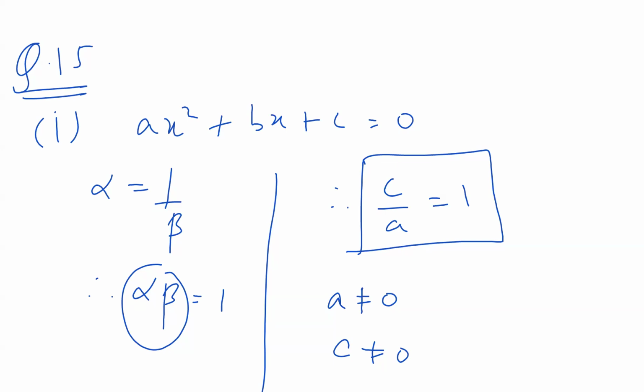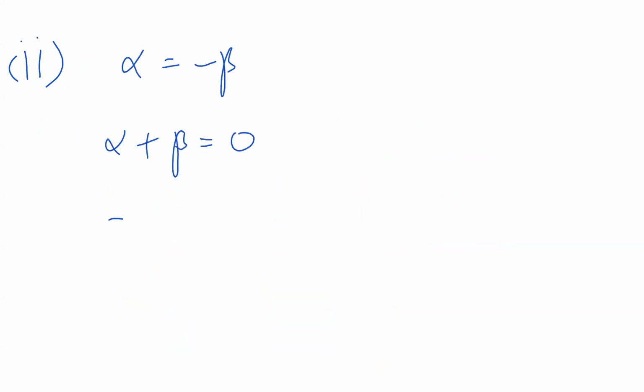This was the first sub question. Let us go to the second sub question. One root is the negative of the other. Alpha is equal to negative beta. So alpha plus beta is equal to 0. So minus b upon a is equal to 0.